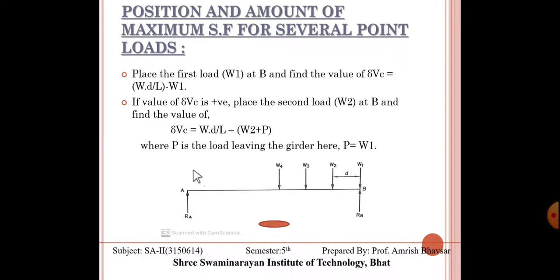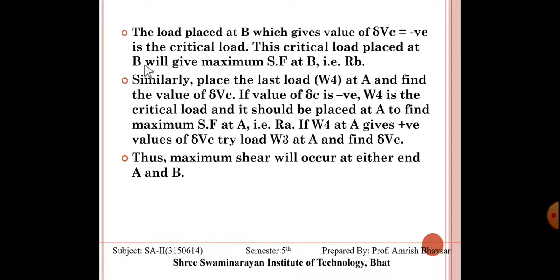It will keep moving ahead like this because it is moving. The load placed at B which gives a negative value of delta VC is the critical load. This critical load placed at B will give the maximum shear force at B, that is RB. Similarly, place the last load W4 at A and find the value of delta VC.